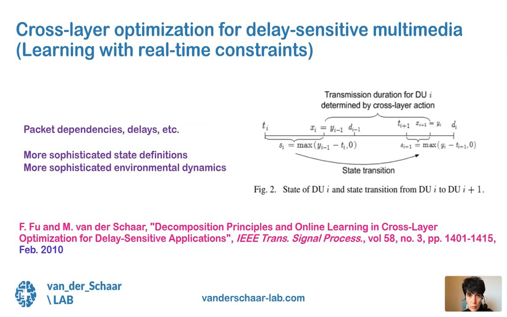In subsequent work that followed this work, we have looked also at a variety of other problems, inclusively transmission of delay-sensitive multimedia, like for instance for video conferencing, where we need to fulfill not only throughput considerations or delay considerations, but true real-time constraints.